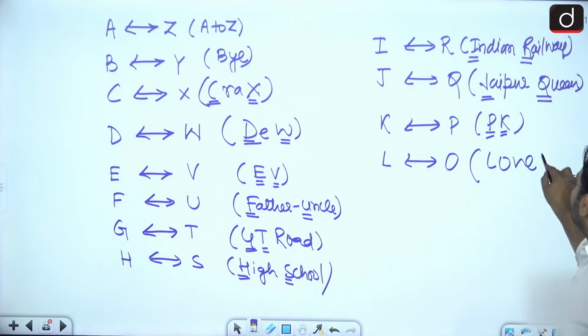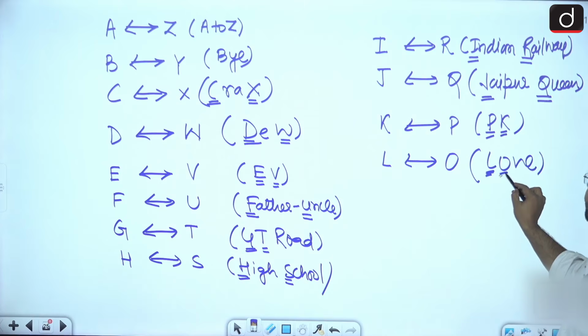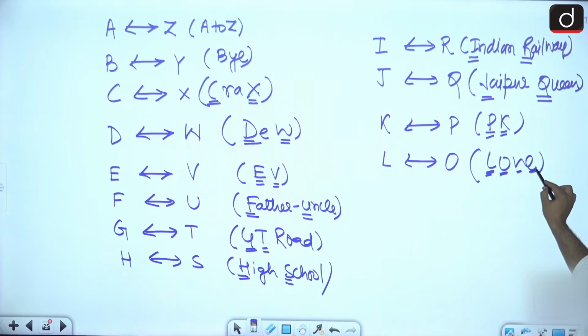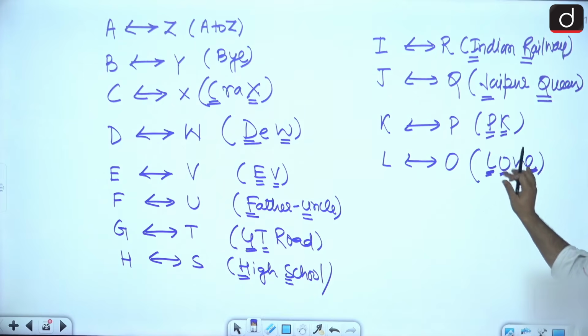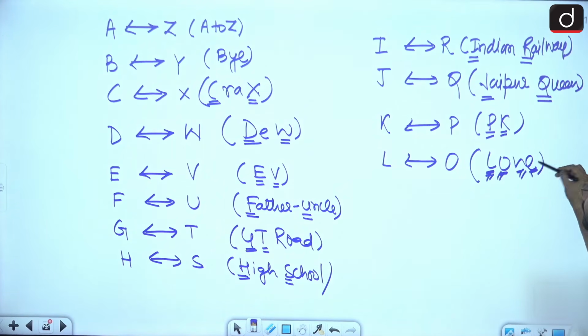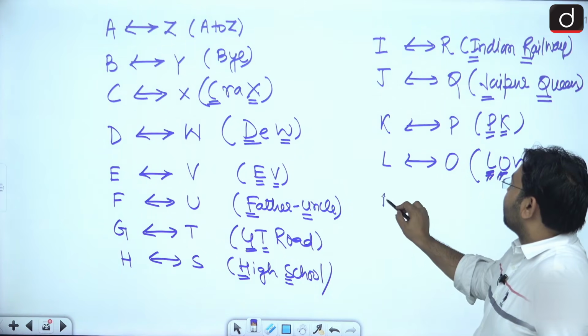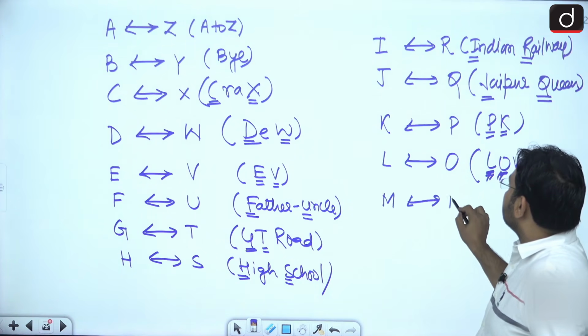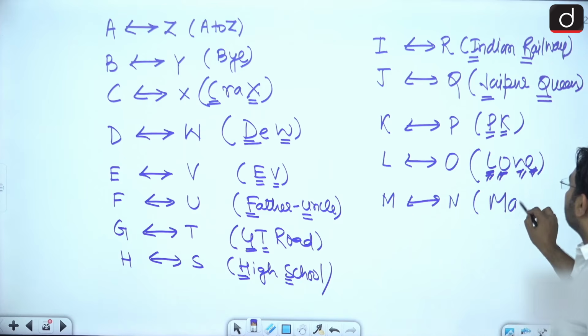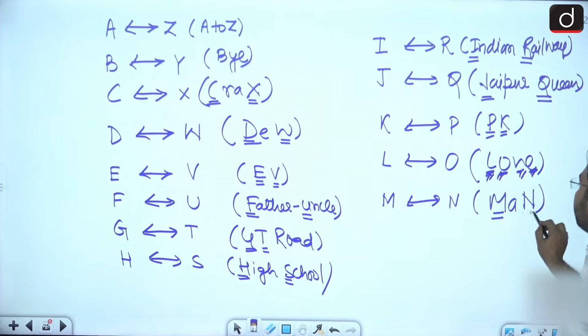L is opposite to O, and opposite to E is V, so you can remember the two with love. Then M. Opposite to M is N. Man. MN.